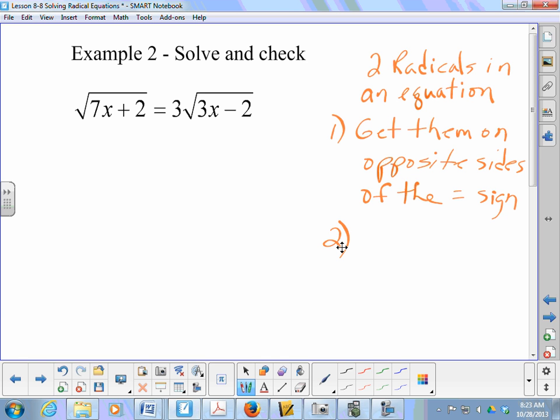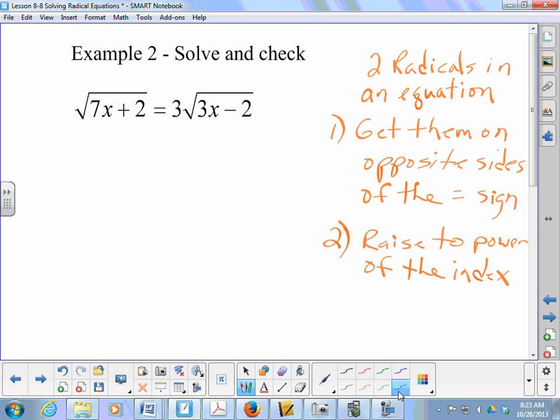What's step 2 then? Okay. Square both sides in this case, or raise them to the power of the index. All right.